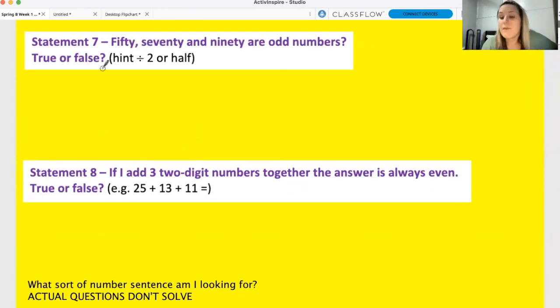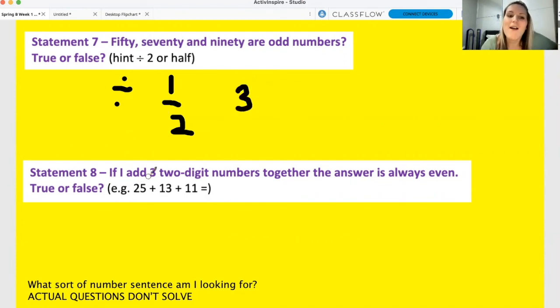And then statement 7, if you get on to purple, 50, 70 and 90 are odd numbers, true or false. So you need to divide these numbers by 2 or halve them to see if they are odd. You also can only do 3 number sentences for this one because there's only 3 questions there.